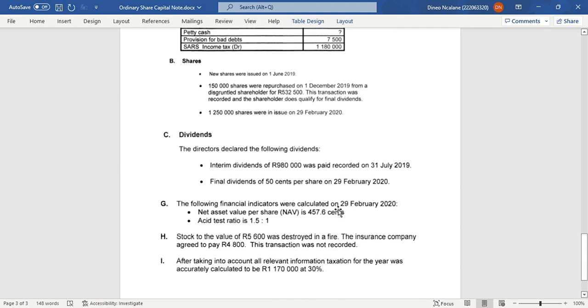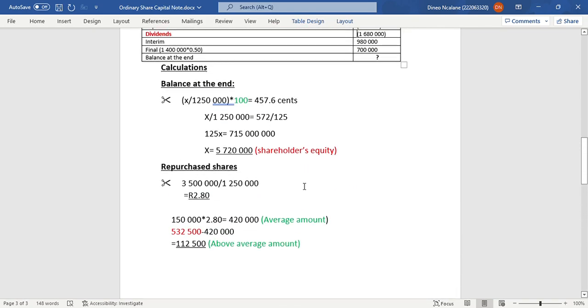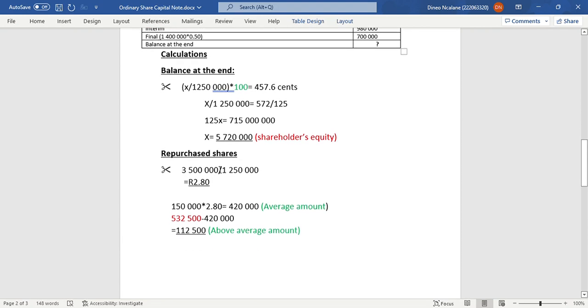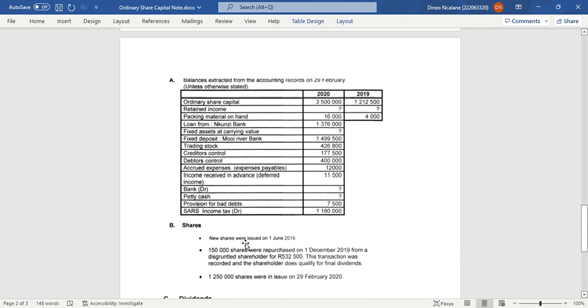So we are going to use this in order to get our retained income. Here are my calculations. X represents the shareholders equity, because we only have one amount in the shareholders equity. It's the shareholders equity over 1,250,000 shares, which are the shares that were issued at the end of the current financial year.